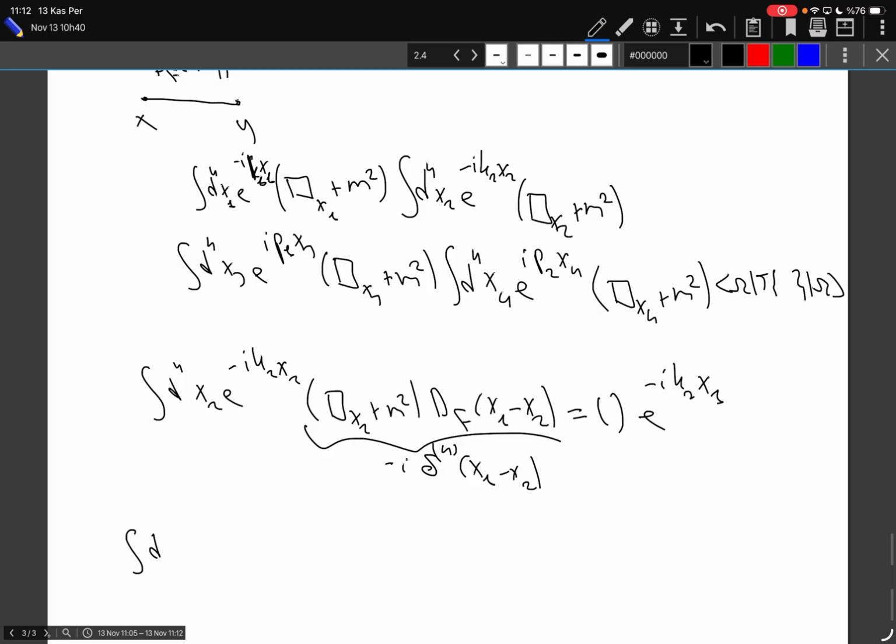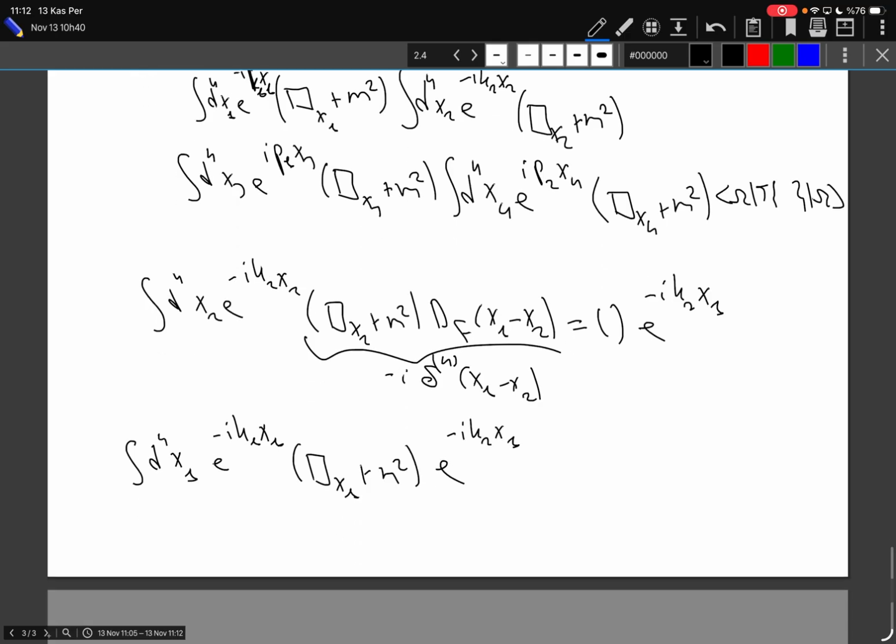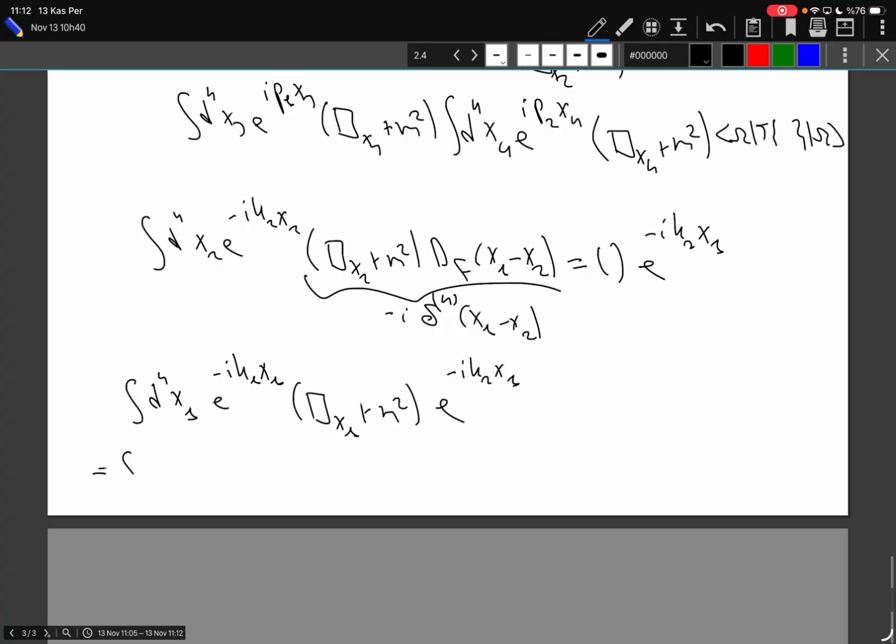I have d4 x1 e to the power minus i k1 x1, box x1 plus m squared acting on e to the power minus i k2 x1, which will give me d4 x1 e to the power minus i k1 x1 times minus k2 squared plus m squared, which is 0.